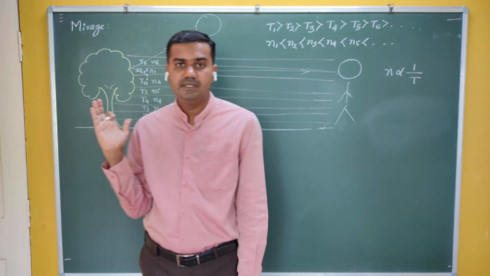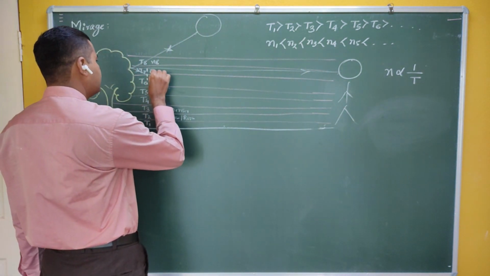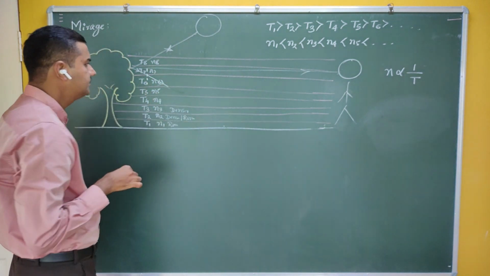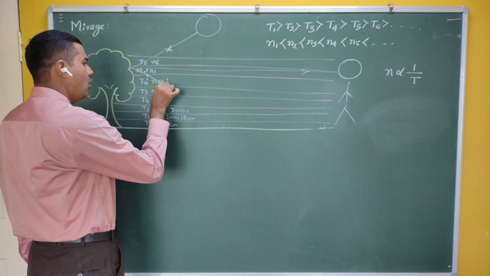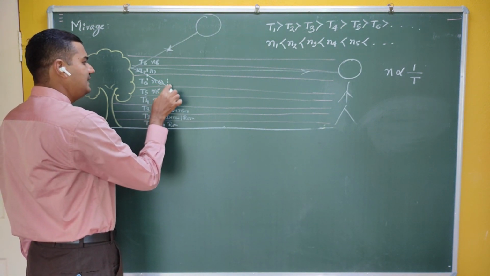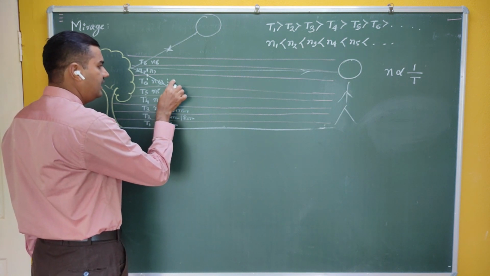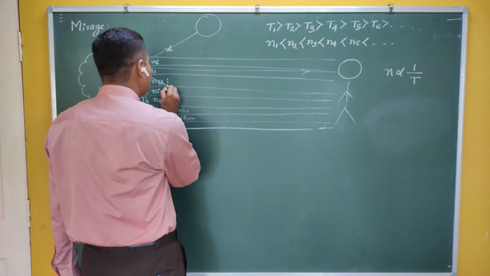Is it correct? Therefore, when it travels from 7 to 6, it bends away from the normal, and on layer 5 it falls like this. If I take this as normal, again 6 and 5, 6 is denser, 5 is rarer. So light is traveling from denser to rarer, therefore it bends away from the normal.